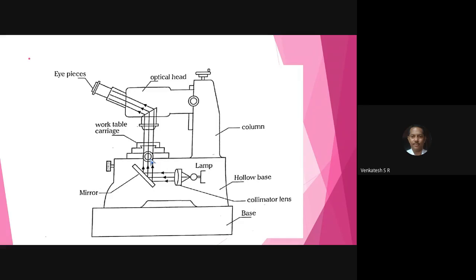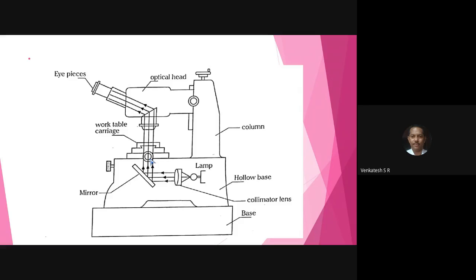In between the crest of the thread, there will be an effective diameter, that is the pitch diameter. Addendum, dedendum, thread angle, and the flank surface can be measured using the tool maker's microscope.